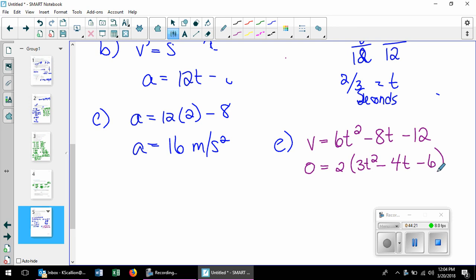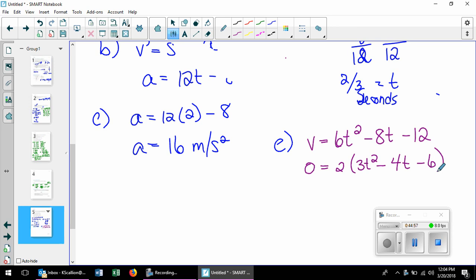Factors of 18. Well, we use the quadratic formula. Or not? Don't you have an app on your phone? What are the factors of 18, negative 18 that add to a negative 4? I don't think there are any. The unknown factor pairs.